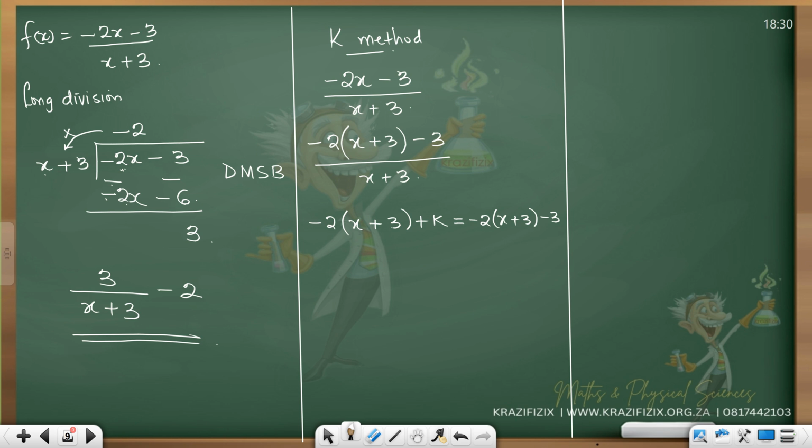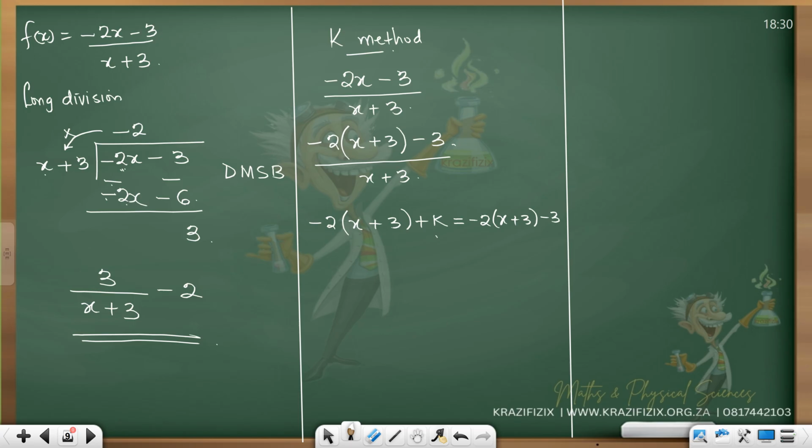What I'm actually looking for is this. Let me show you what the K will do. I'm looking for a number that I will add to this to still give me this. People don't like this one too, the K method. Let me see if I'm doing it well. Negative 2x, I think so. Check this.